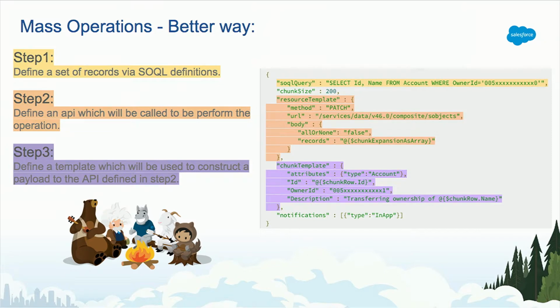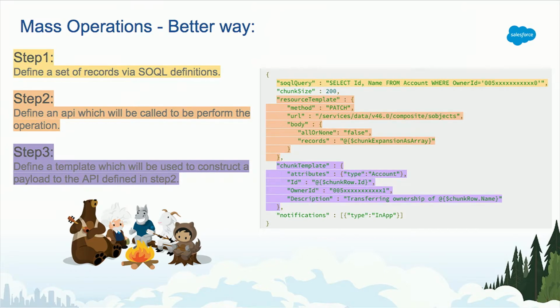In this case, we're using what we call the composite sObjects API. As Iman briefly mentioned earlier, the composite sObjects API allows us to manipulate up to 200 records in one go, similar to SOAP, which allows you to create 200 records at a time. That's meant to bring parity between SOAP and REST APIs.